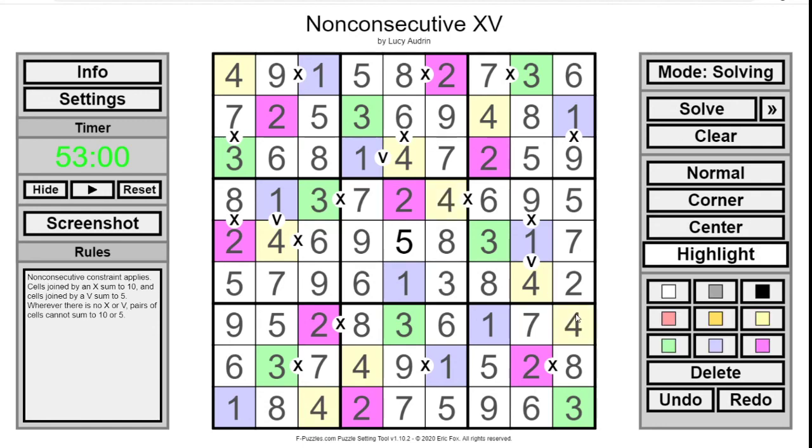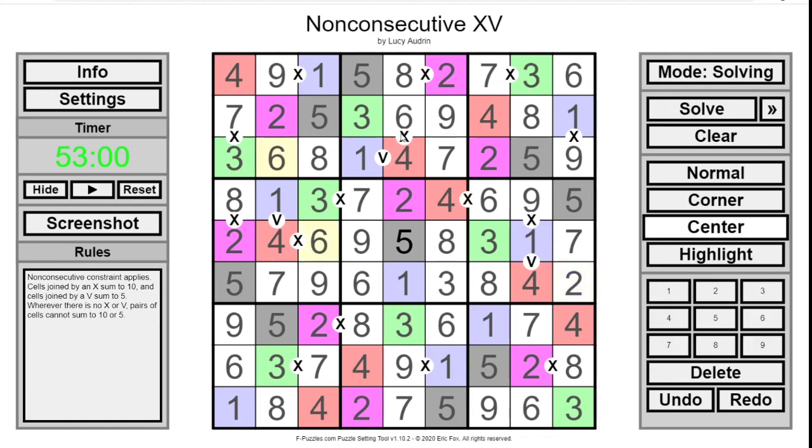No 4s next to a 5. No 5s next to a 6. No 6s next to a 7.